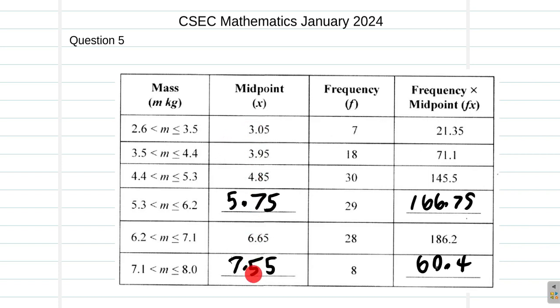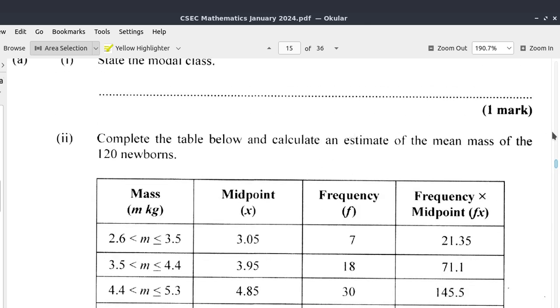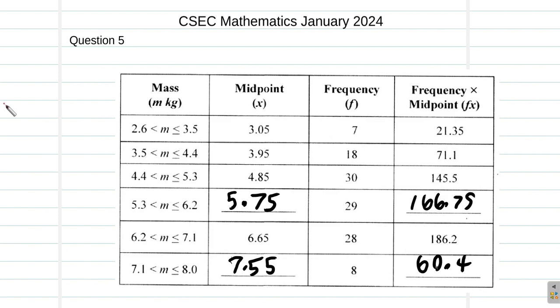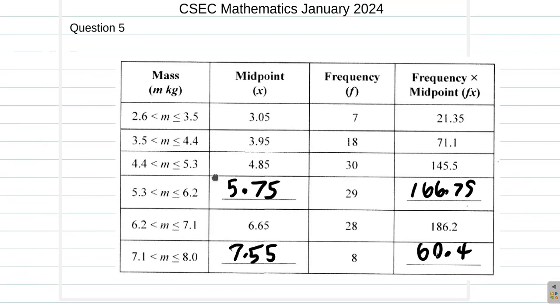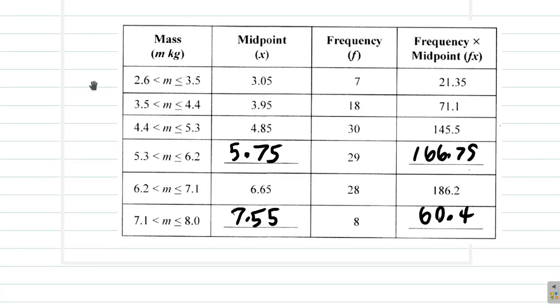You're not supposed to add up these numbers and divide by 6. To get the mean mass, that's not what you're going to do.